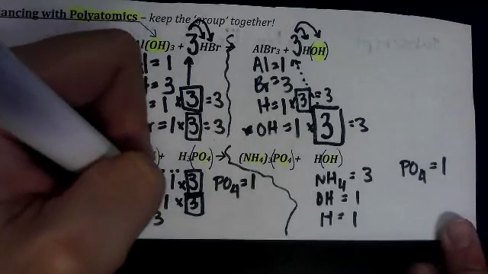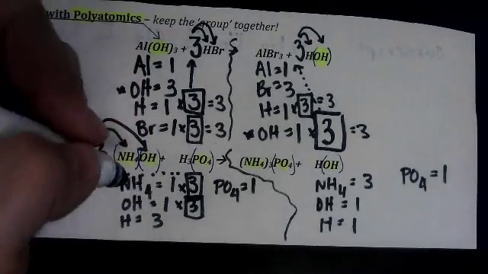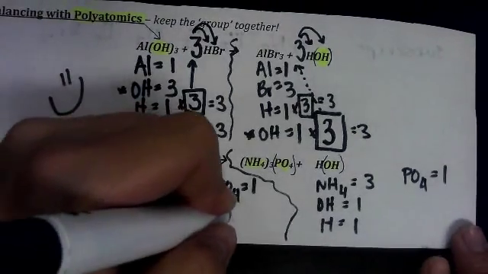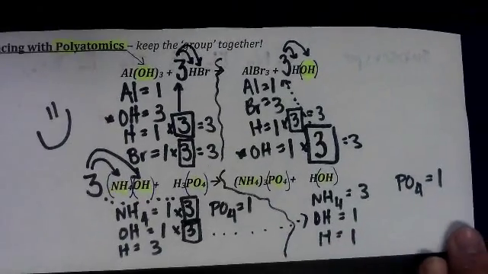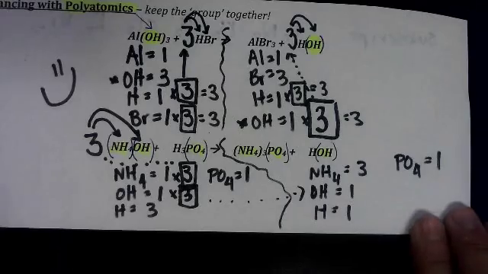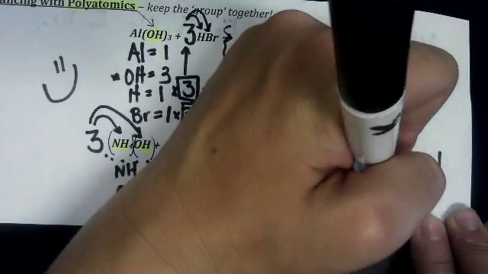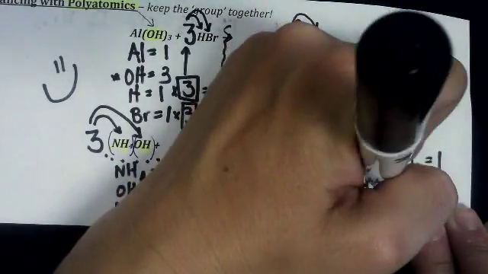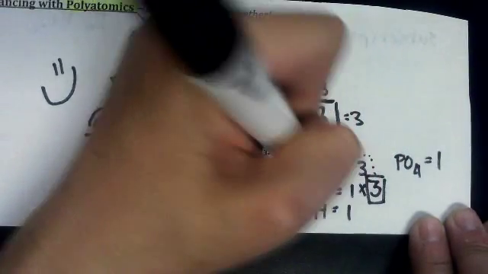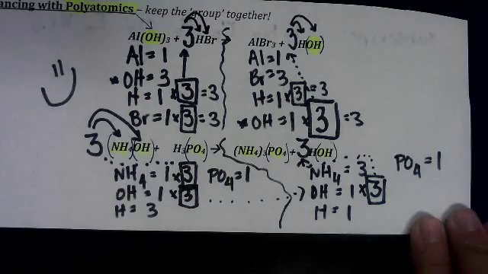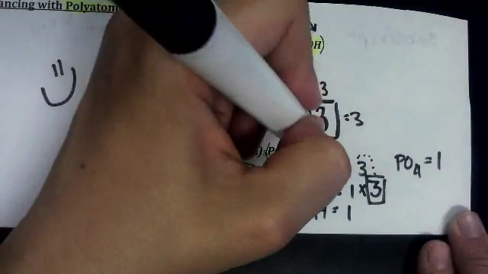Now, let's go balance your OHs. So we're going to go over here, go over to your OHs, and we're going to multiply this guy by 3. That becomes your coefficient. This distributes to the OH.